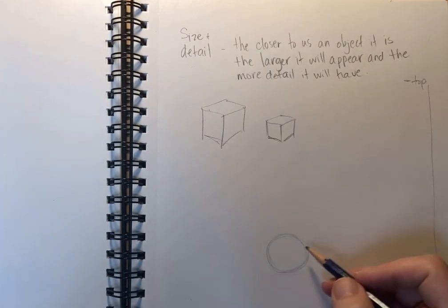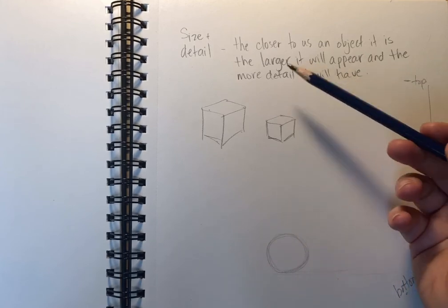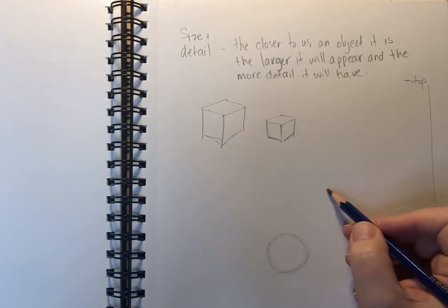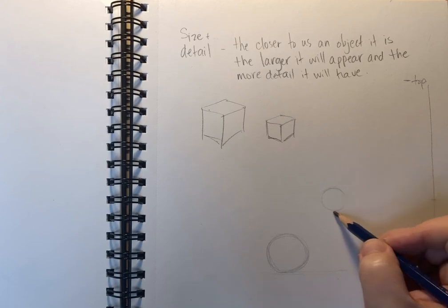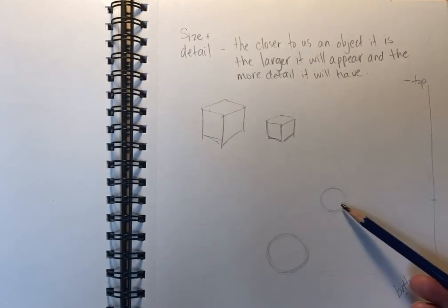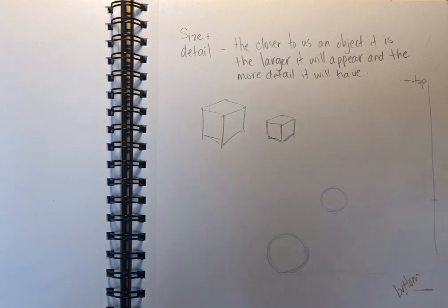But I can actually make it a little bit smaller because I want it to appear as if it's a little further away. And so that second sphere, I'm going to draw it a little bit higher on the page, and I'm going to draw it a little bit smaller. And all of a sudden, by doing that, you're actually making it feel even more far back.